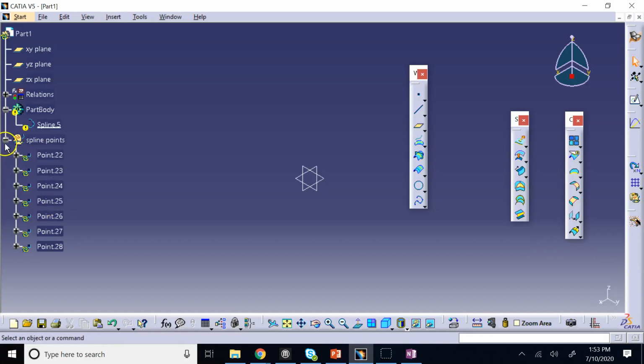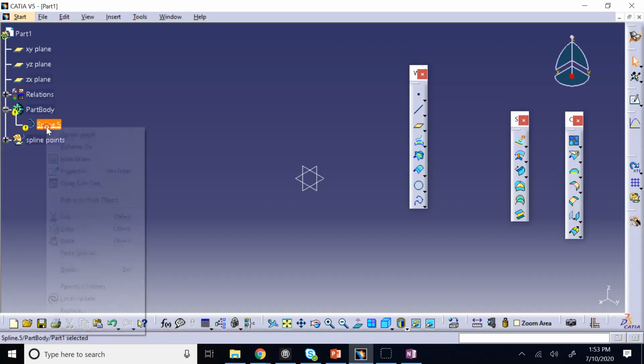Now here you see I am getting an error. I cut and pasted all the points under the geometric set folder, but now the spline is not showing itself anymore, and it looks like I'm getting an error. The reason is those points that I used to define this spline are now basically removed from their location, so this spline cannot find the points it needs to define itself.